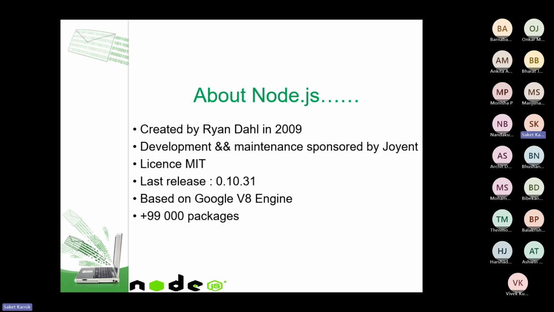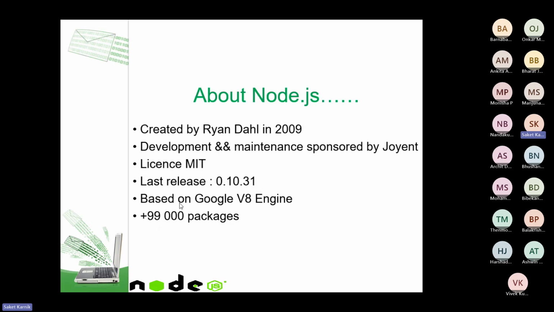So the last release is 18.something, if I talk about the LTS version. It was completely based on Google's V8 engine, the JavaScript engine basically. And this version 0.10.31 itself had 99,000 plus packages.